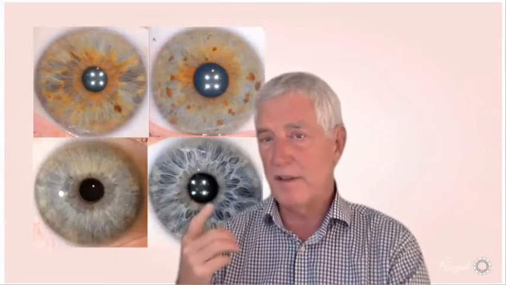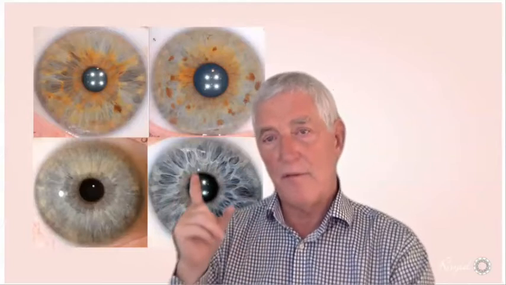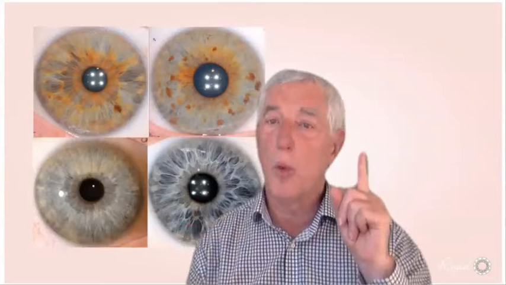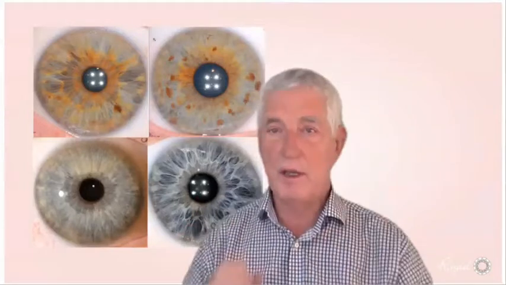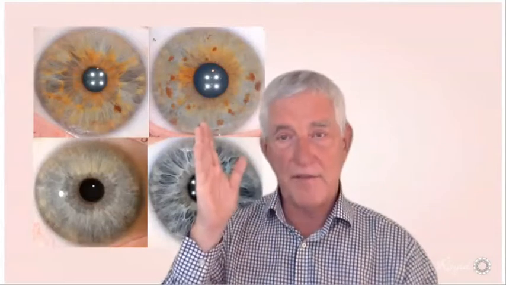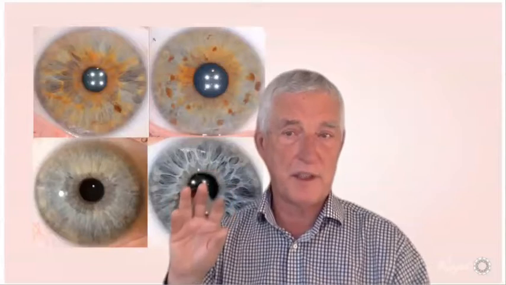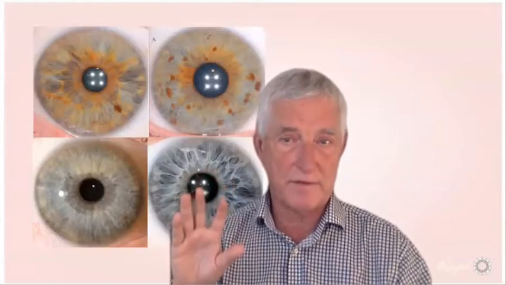Now, the interesting thing is, if you have this eye structure, and it's a number 1 sun, and you know that number 1 sun has a tendency to be connected to mother's side of the family and mother's father, this is going to change how this iris composition displays itself.